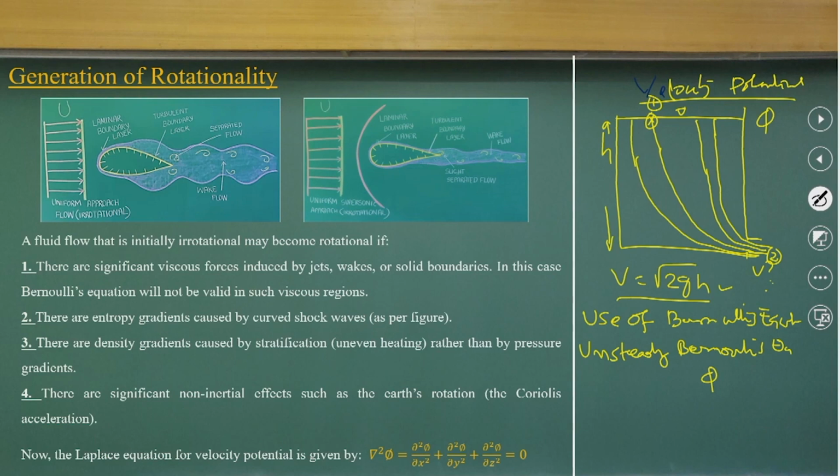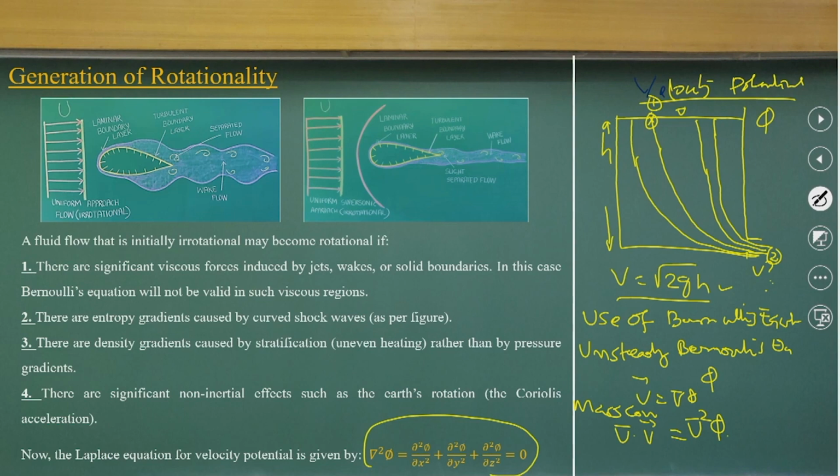But what is the advantage? When you define V equal to grad phi, your mass conservation or continuity equation, the divergence of velocity, gives the Laplace operator of phi.